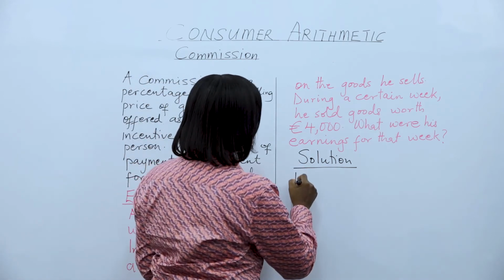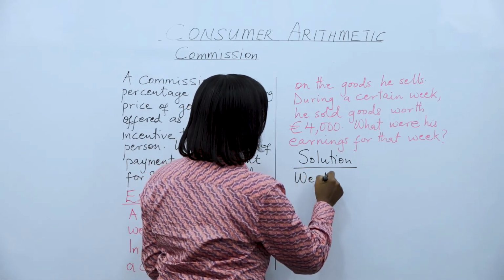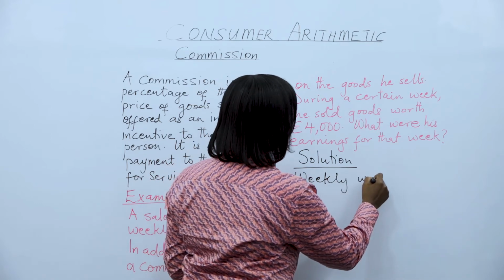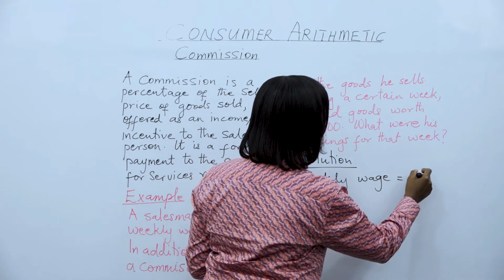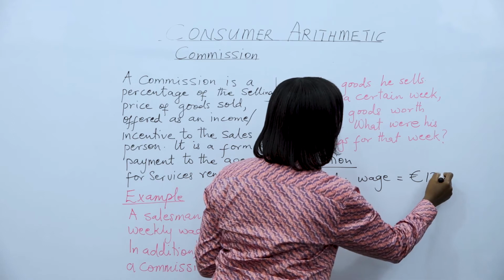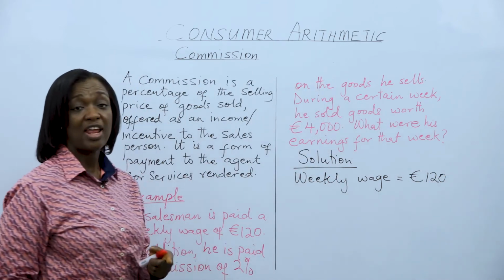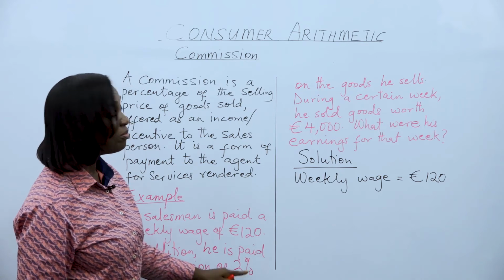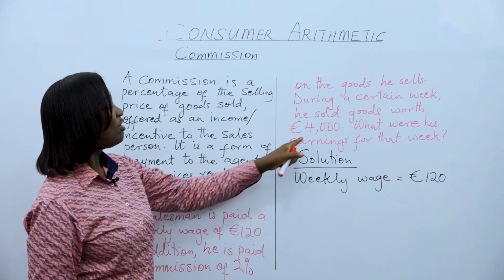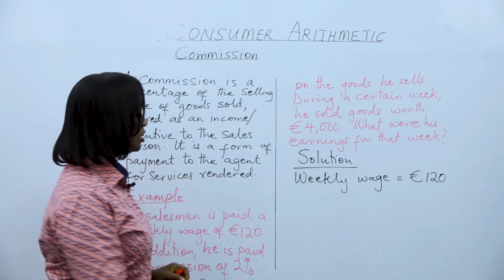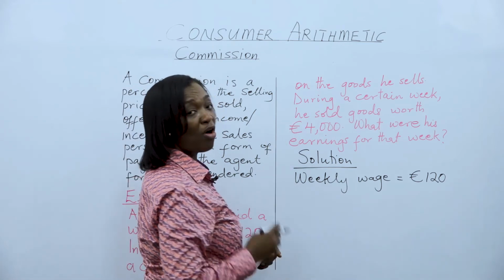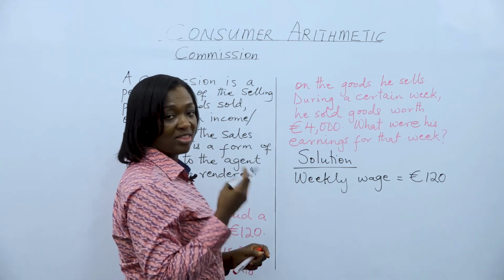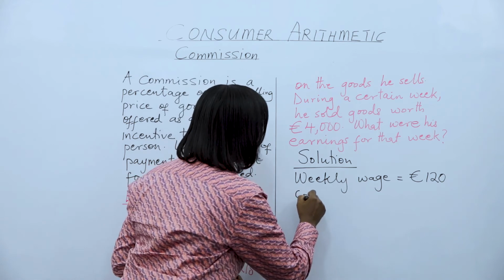Weekly wage. And then, in addition, he gets a 2% commission, 2% of the amount he sold. And that amount is 4,000 euro that week. So that's the commission.